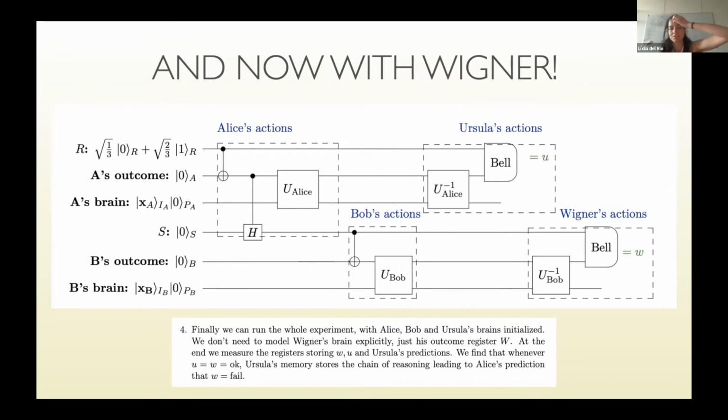So I just go and look at their beliefs and see if there's a classical contradiction there or not. Or I can actually run the whole experiment and measure at the end what their predictions were, and if there is a trace of a contradiction there or not.